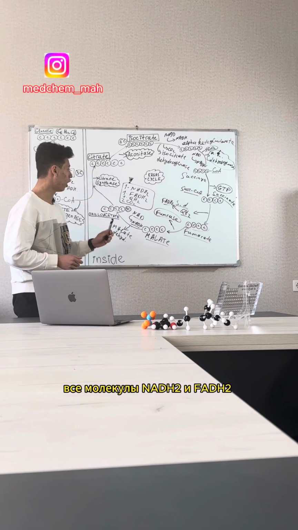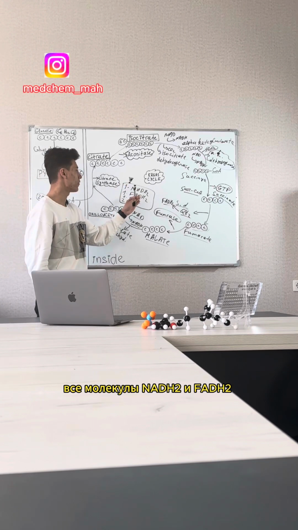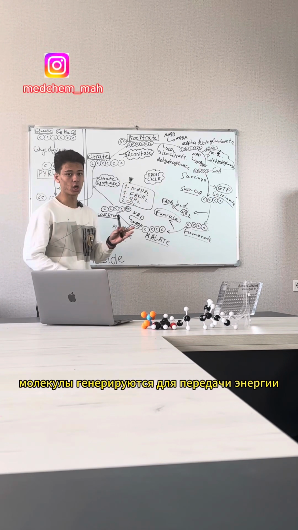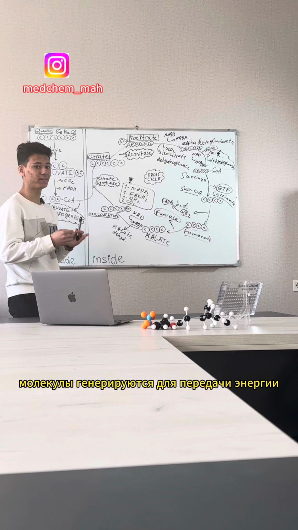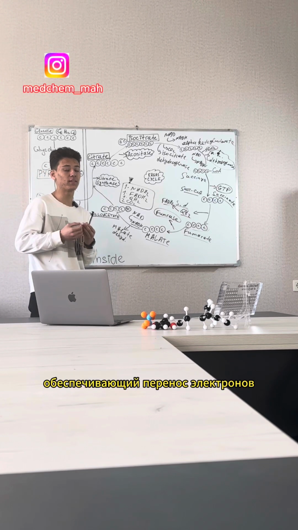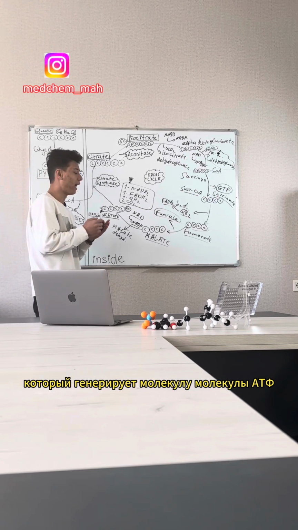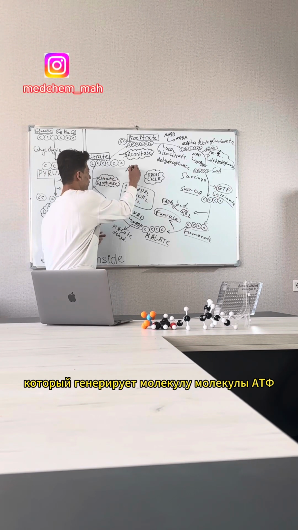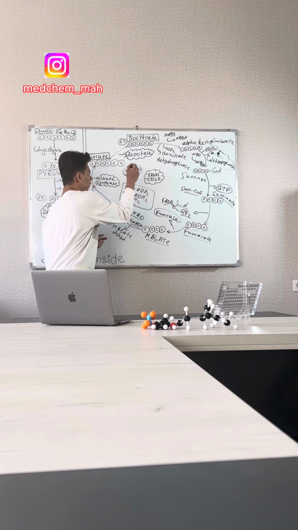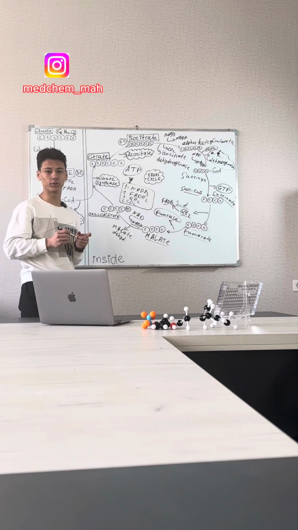All the NADH and FADH2 molecules are generated for giving energy, through electron transfer, which generates ATP molecules in the mitochondria in eukaryotic organisms.